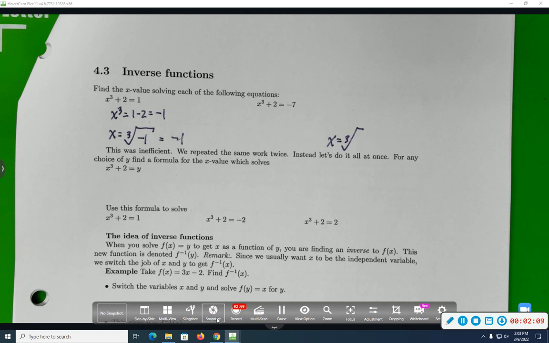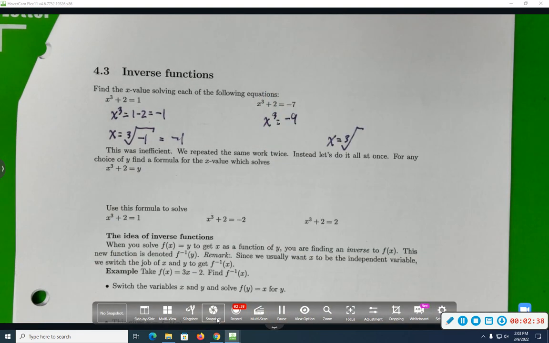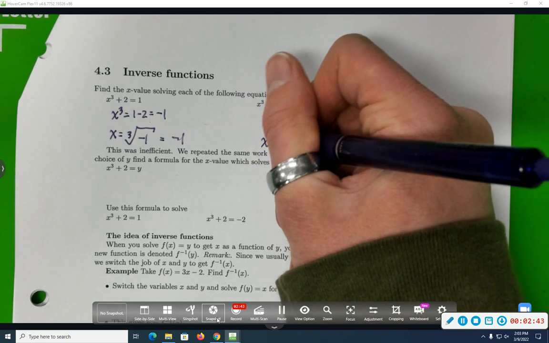So far I found the negative cube root of 3. Any other solutions? I guess you need to subtract that 2 to the other side, right? Yep. What does that give you? -9. x cubed equals -9. And what would you want to do next? Then take the cube root of both sides to get x.